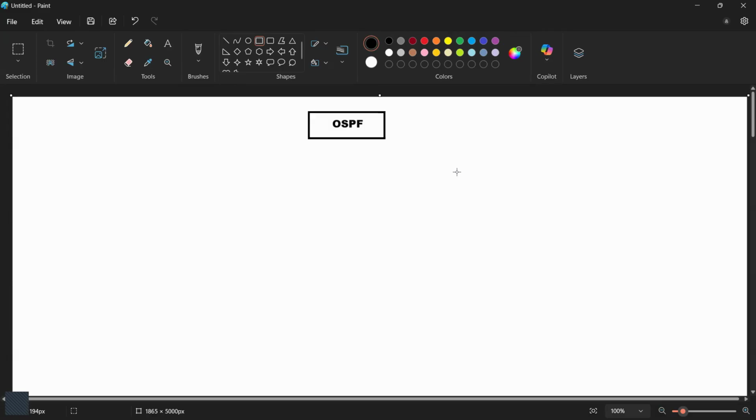What else? Area based, open standard protocol. The Dijkstra algorithm. Protocol number is 89. EIGRP protocol number is.